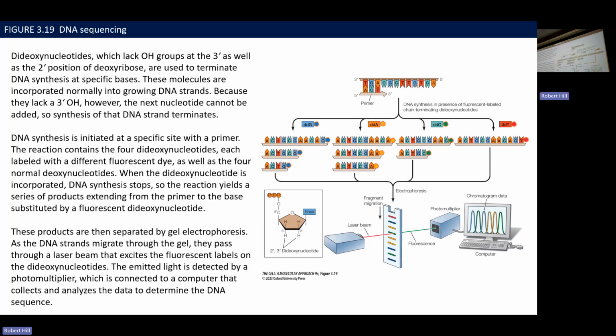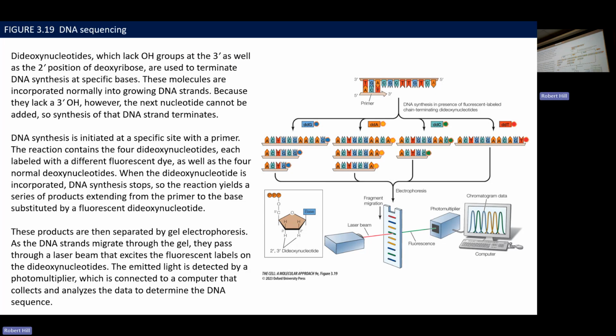This modified dNTP, the ddNTP, is chain terminating. It lacks the 3' hydroxyl, so you can't add a nucleotide into it. So when your new strand is growing, let's say this gets a regular A, a regular T, a regular C, and then all of a sudden a ddNTP G comes in, it terminates, it stops.